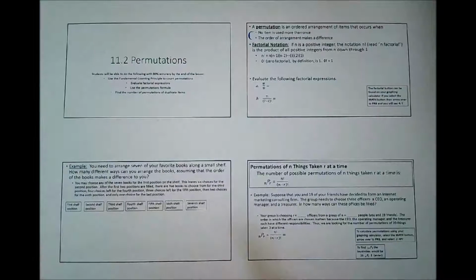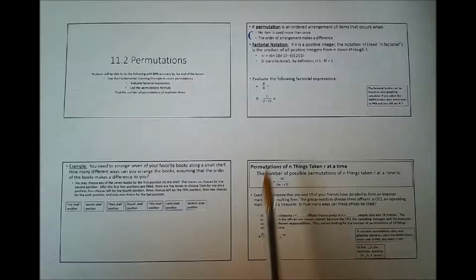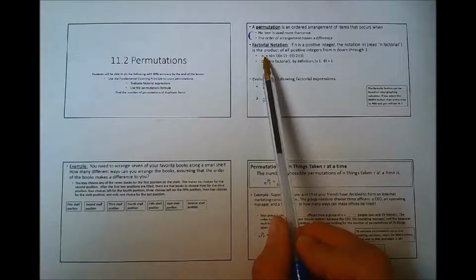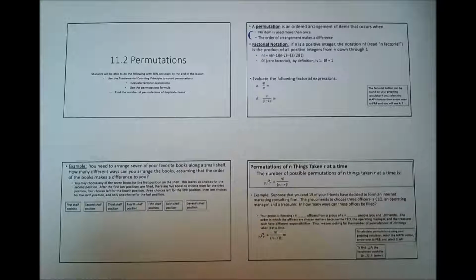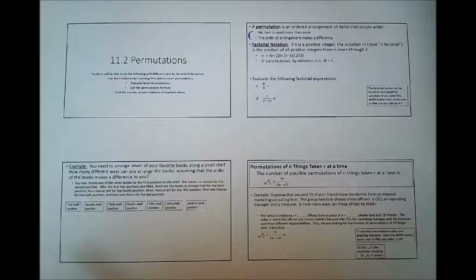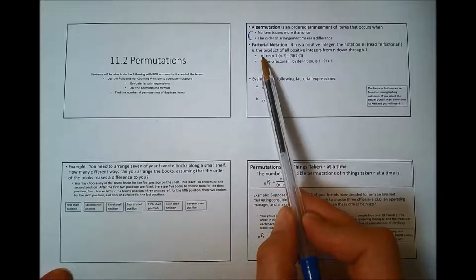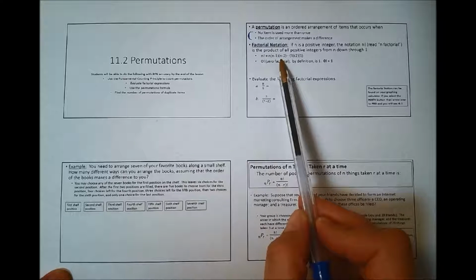Factorial notation, we need to know how to do this in order to know how to do our problems. Factorial notation is this little exclamation point, and when you have something in factorial notation, you just multiply from that number to that number minus 1, number minus 2, down to 3 times 2 times 1.